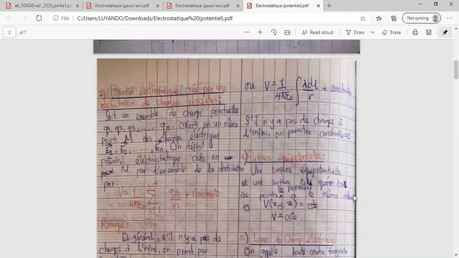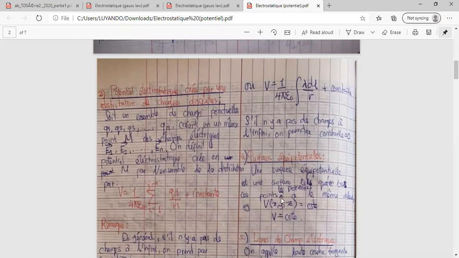So the potential is equal to a constant, or the difference between any 2 points on that surface is going to give us 0, which is what they are saying here.